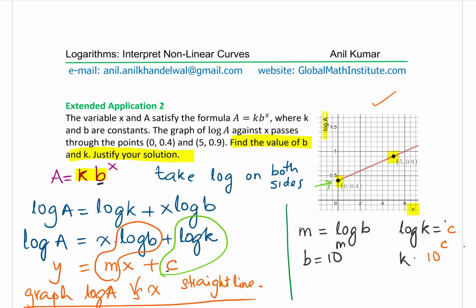Now you can always use the calculator. Since we know these values, we can calculate the answer. So we have the value of b as equal to 10 to the power of slope m. So we need to calculate the slope here and then find the answer. So let's do it on a fresh page.